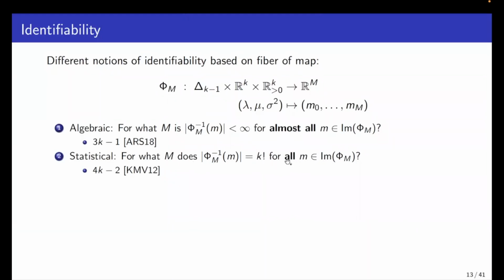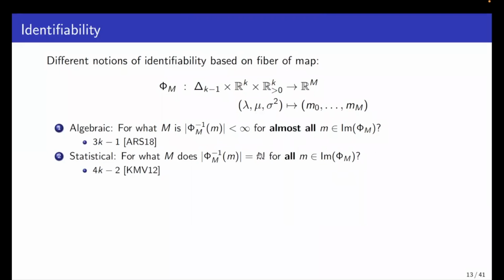Notice this detail here, this is for all. So we dropped the generic assumption, and we really want to know, for every single possible point in this image, what order moment do we need to go up to so that this fiber consists of 1 point up to this label swapping symmetry.